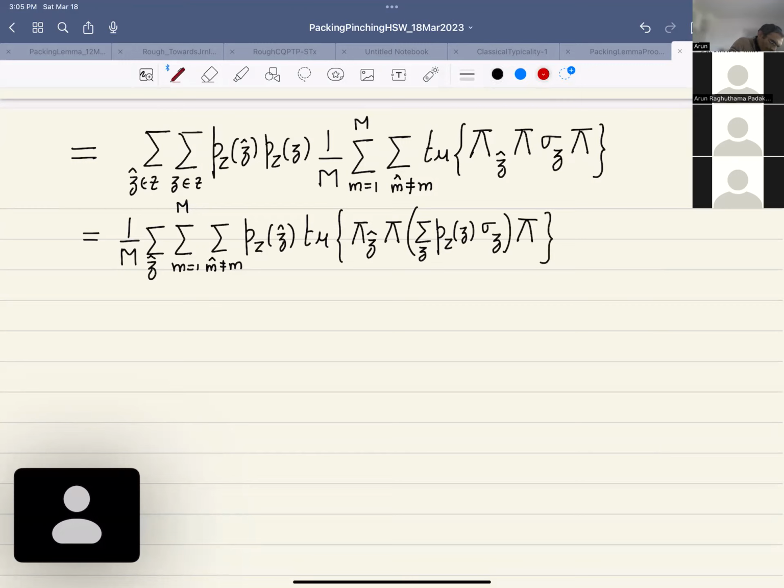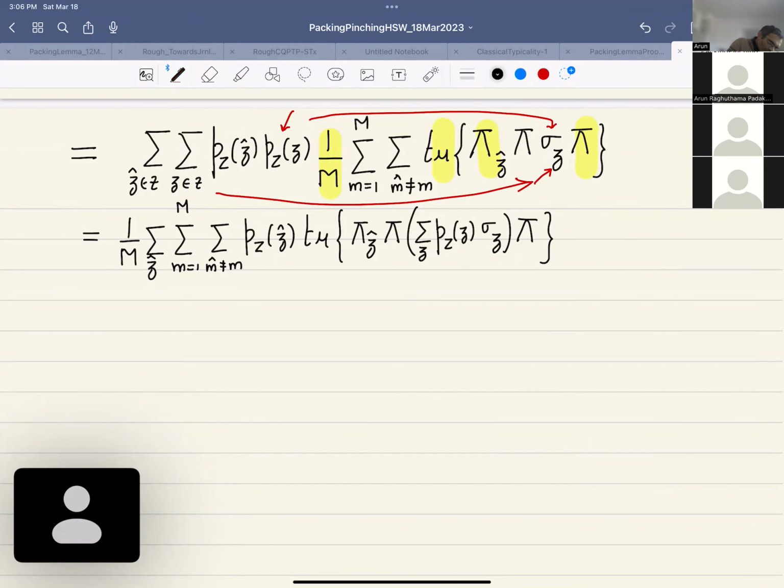Okay, what have I done? Observe, this is the only term that depends on Z. PZ is a scalar, so I can first push it all the way till here. Once I push it, observe that none of these terms depend on Z. So I can push the summation over Z all the way till here. That's really all that I have done.